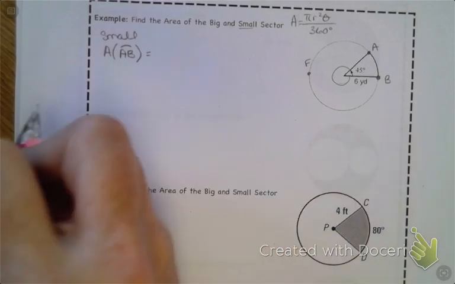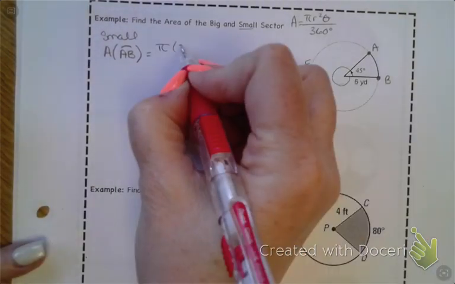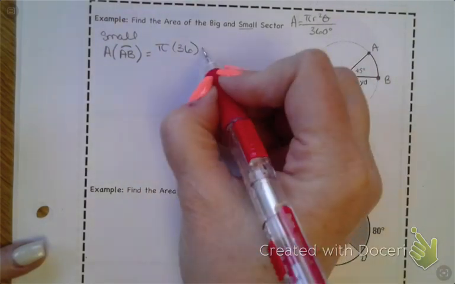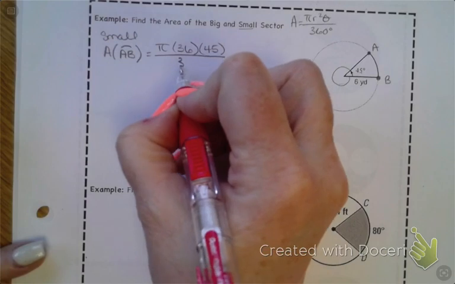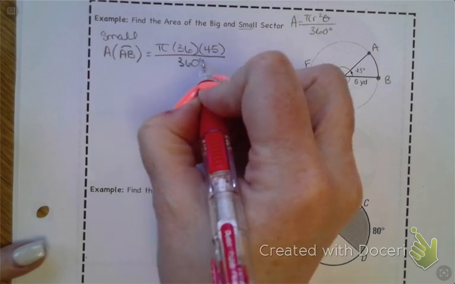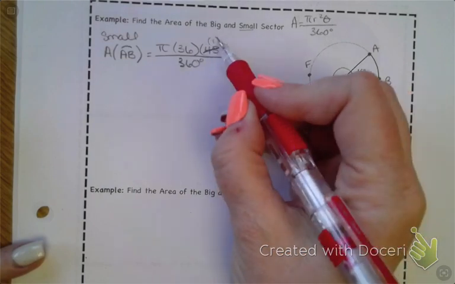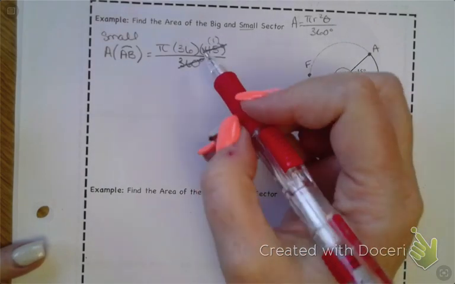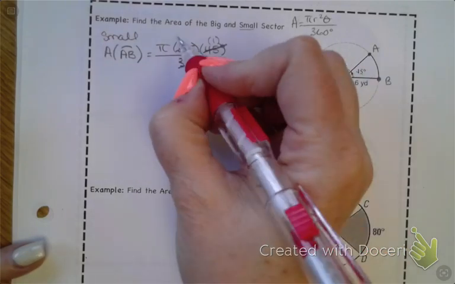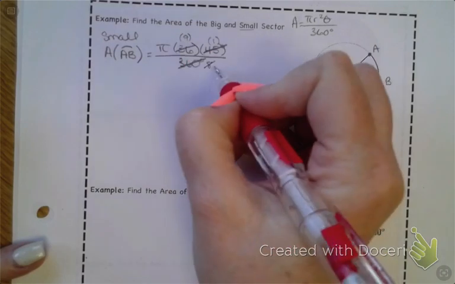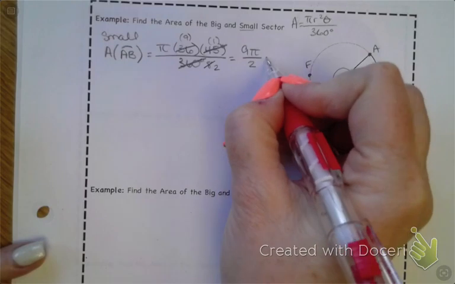So we have pi times r, which is 6, squared is 36, times theta, which is 45, over 360 degrees. So 45 does go into 360 8 times. So that comes in 8. And 36 and 8 have a 4 in both. So this is 9, and this is 2. So my exact answer is 9 pi over 2 units squared.